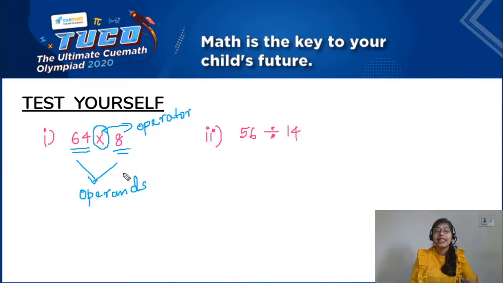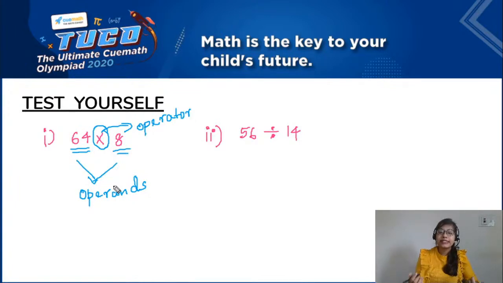I hope you understood. Let's say that I give you both of these operands, 64 and 8. If I do not have any mathematical operator, these operands make no sense. Only if you have a mathematical operator connecting two numbers, or three or four, whatever, do these operands make some sense.